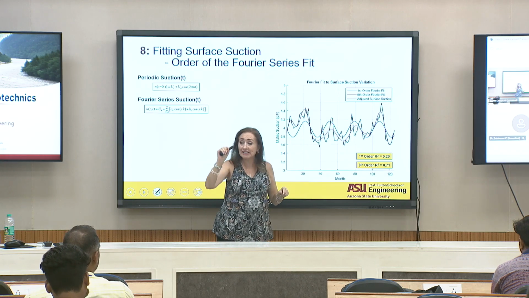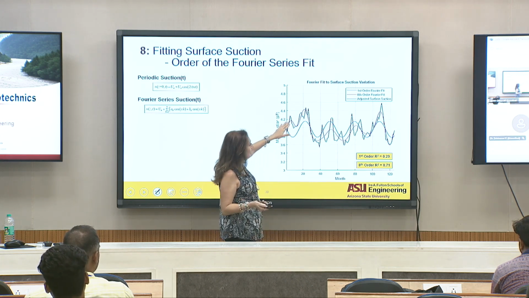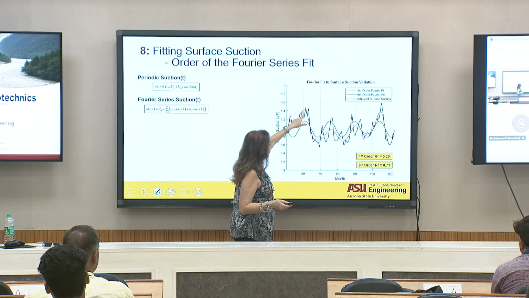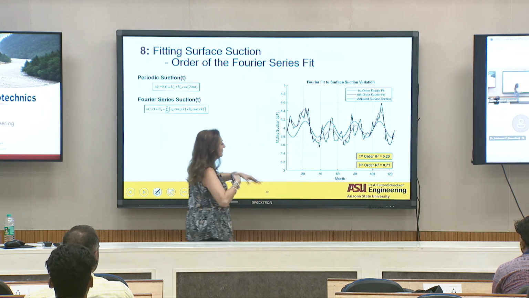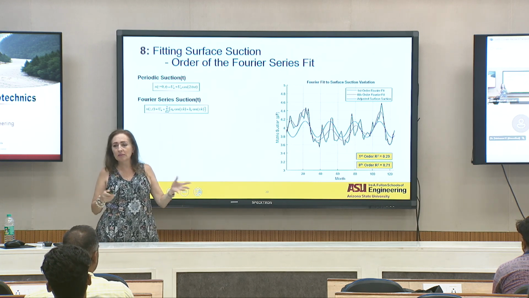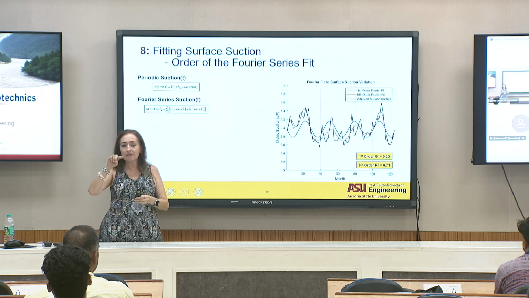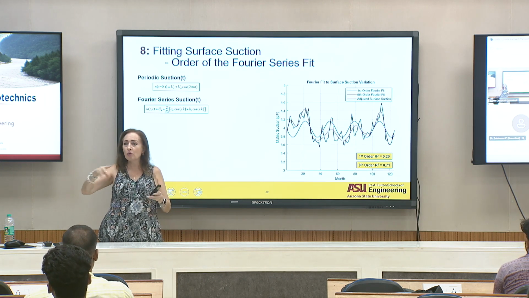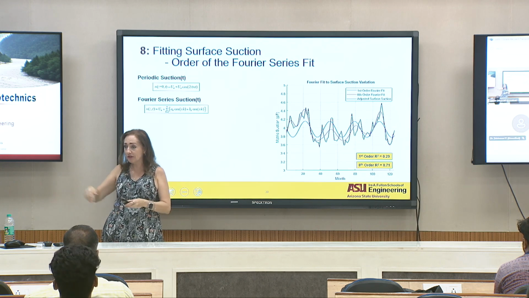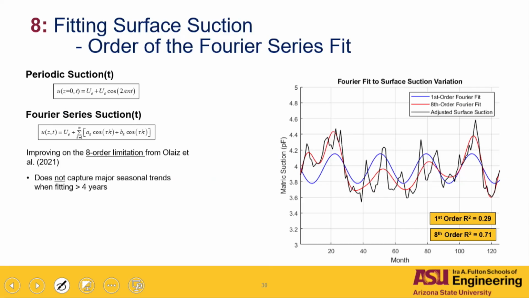We want it to be as precise as possible to the data that we found. So basically we went from orders 1 to 8, and then we were able to write a code in MATLAB that will adjust the order of the Fourier series to the one that was the better fit. So that's another piece of work that we did. We improved the eighth order.